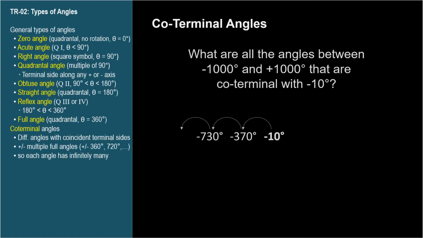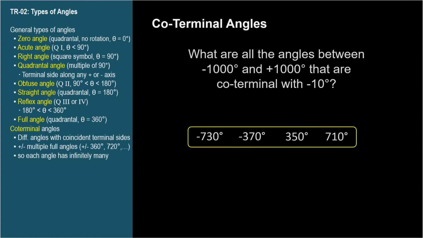So now let's go in the other direction and add 360 degrees to negative 10 degrees to get 350 degrees. Add another 360 to get 710 degrees. Adding another 360 would yield 1070, which is outside the specified range. So the answers are negative 730, negative 370, 350, and 710 degrees.